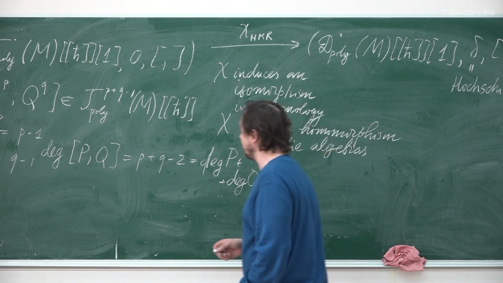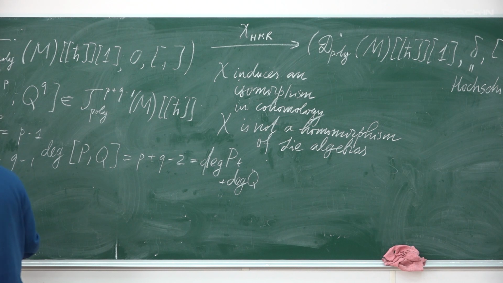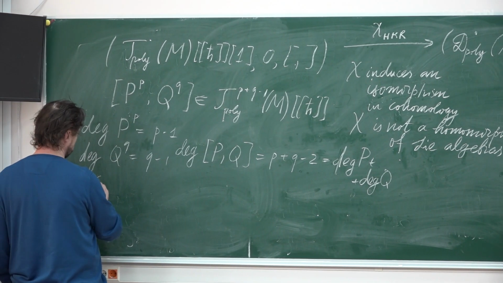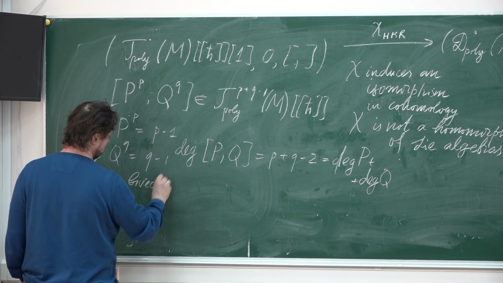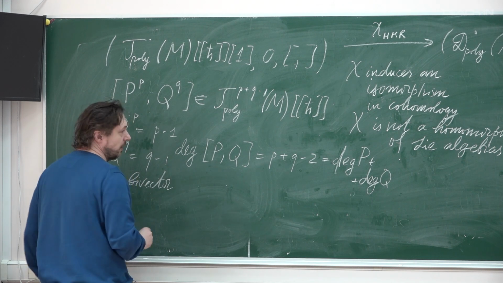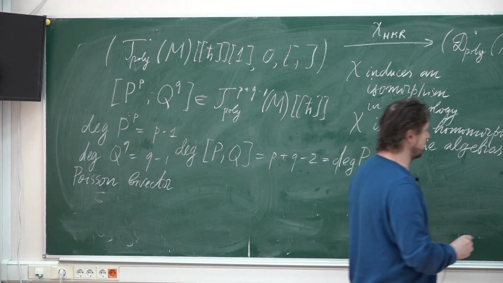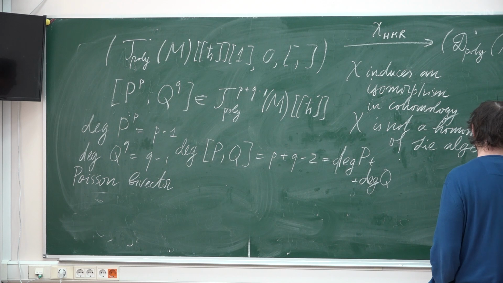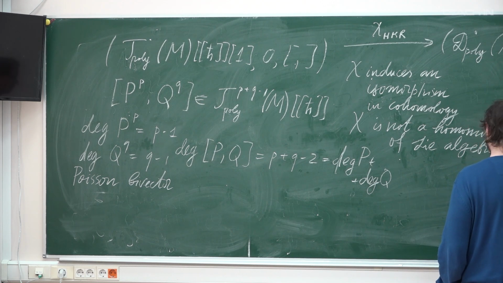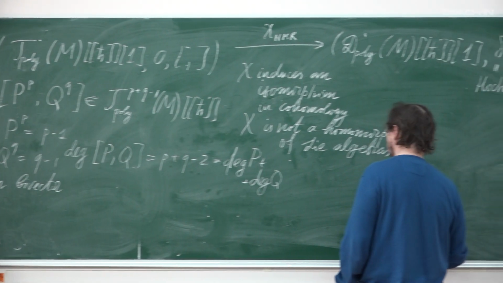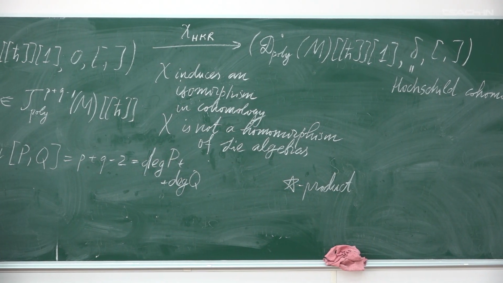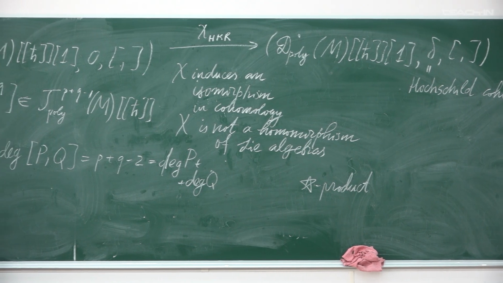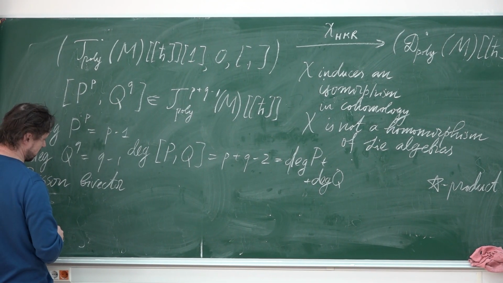We also know that the Poisson structure, Poisson bivector, and the associative star product verify a certain equation in these differential graded Lie algebras.